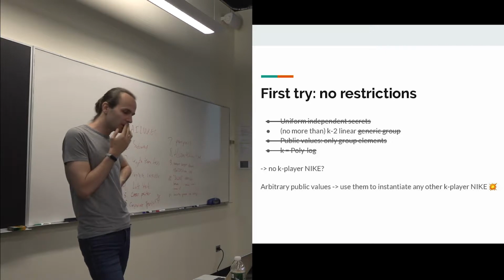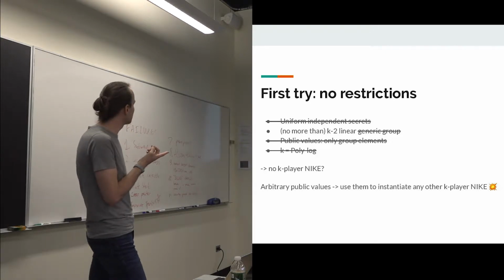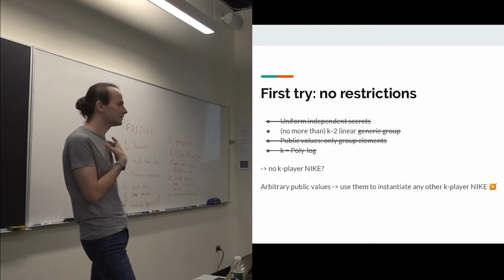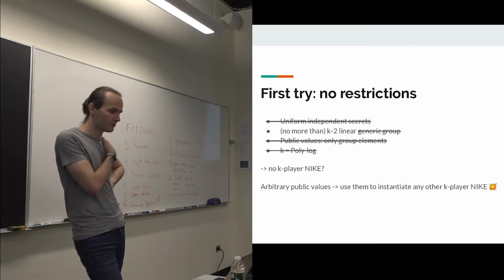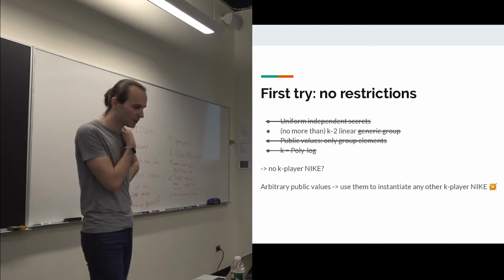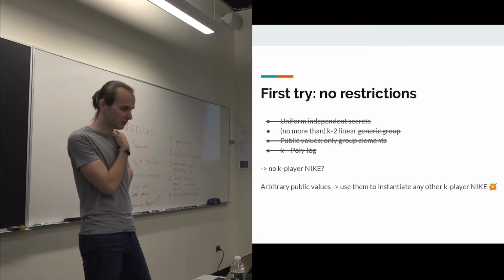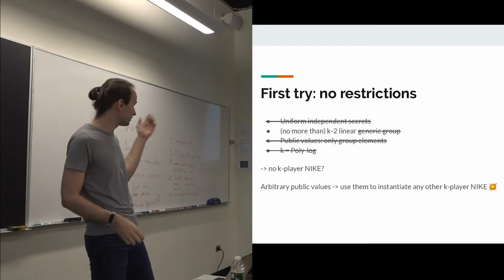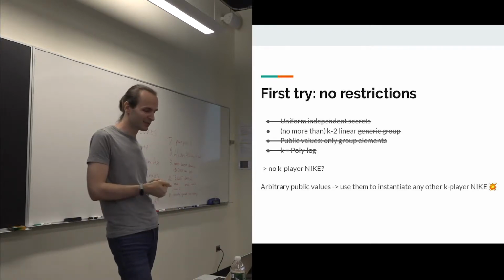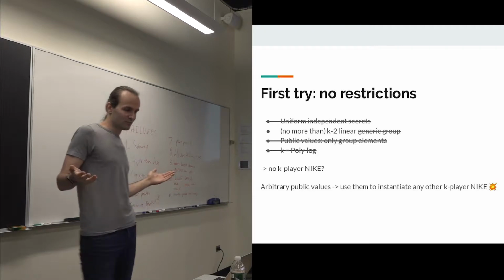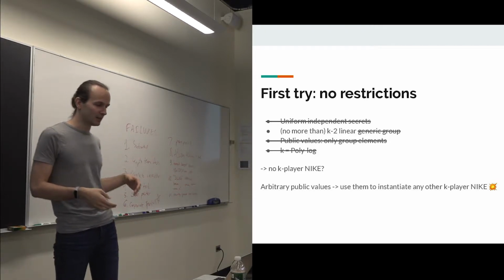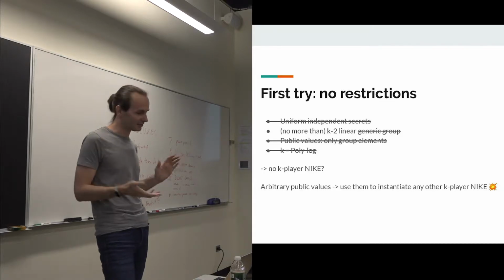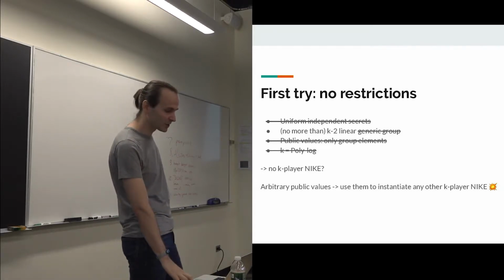If you don't have any restriction, I can just sample my own non-interactive key exchange protocol, forget about the group and linearity, and do it with a k-2 linear map. That's not good for our result.